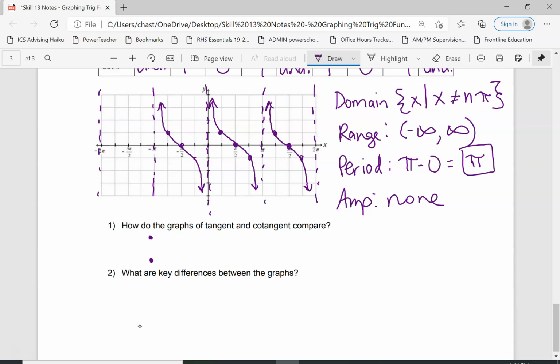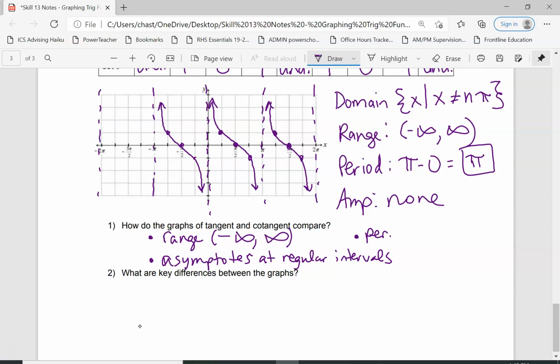So let's write that again, instead as unrestricted range. We have intervals of asymptotes. We also have periods of pi.